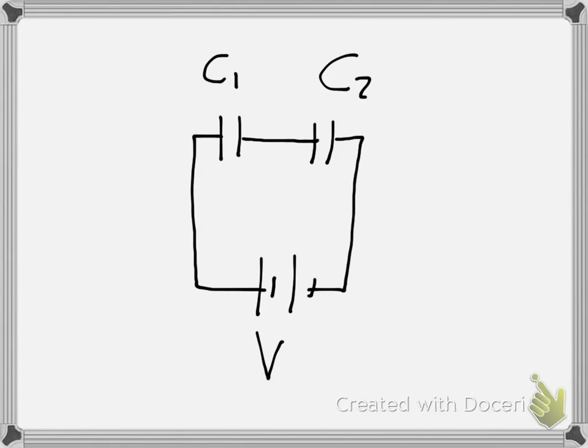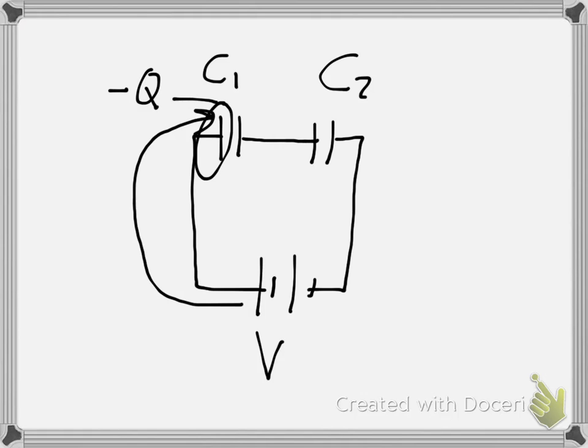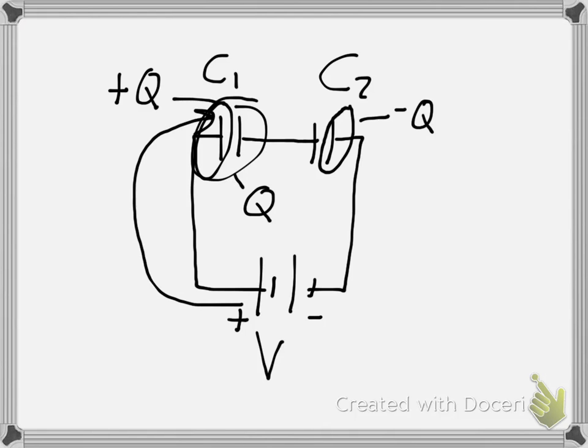Now remember that as the current flows out of the battery onto this plate, it'll get a charge of positive Q on it if this is the positive terminal and that's the negative terminal, and that means that this guy will have a charge of negative Q deposited on him, and so this capacitor will have a total of Q, and this capacitor will have a total of Q.